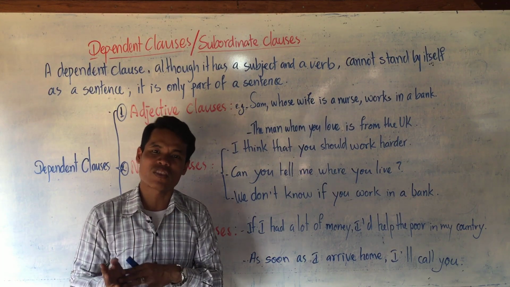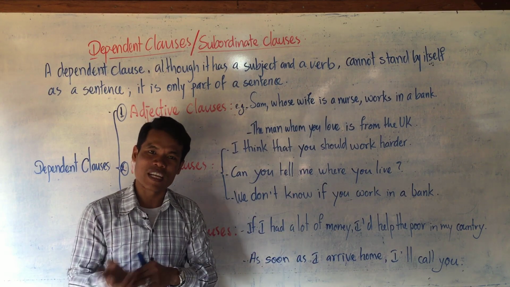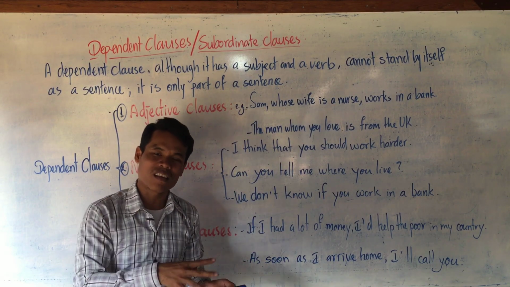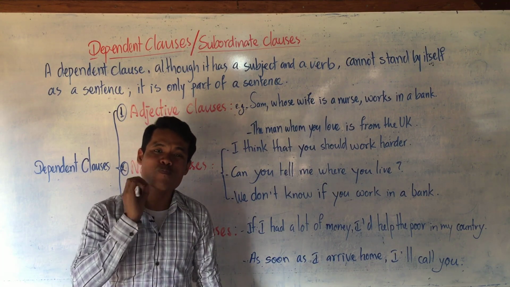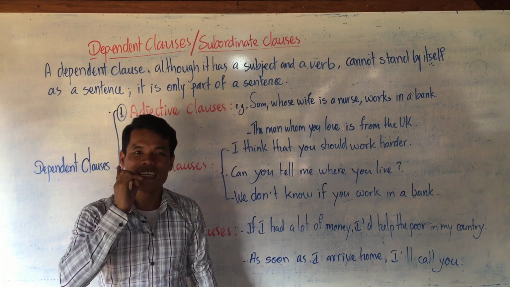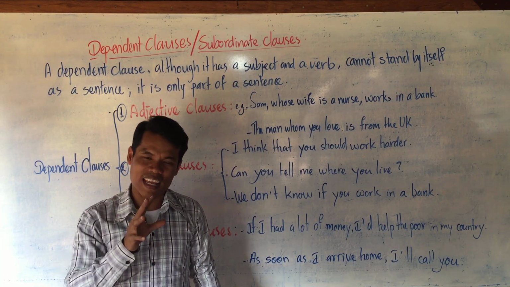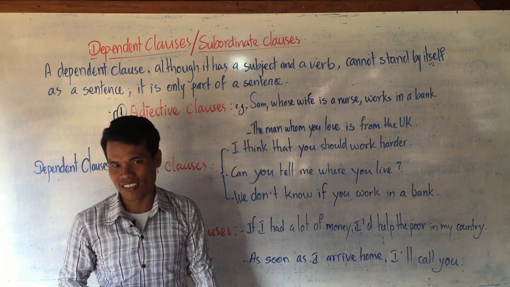How many types of clauses are there in English? There are two clauses, IC and DC: dependent clause and independent clause, or main clause and subordinate clause. When the question is how many types of dependent clause are there, the answer is there are three types of dependent clauses.